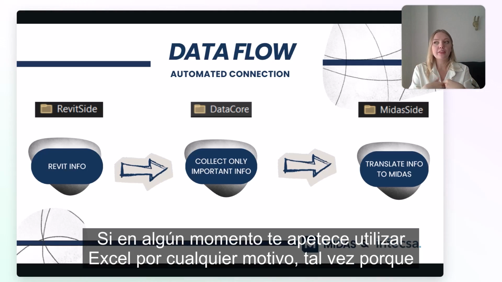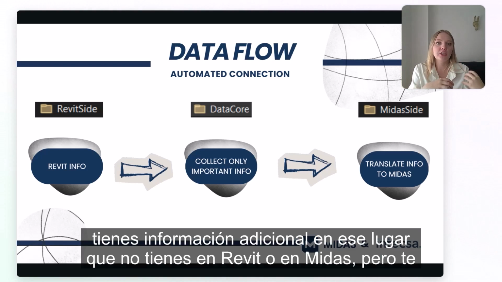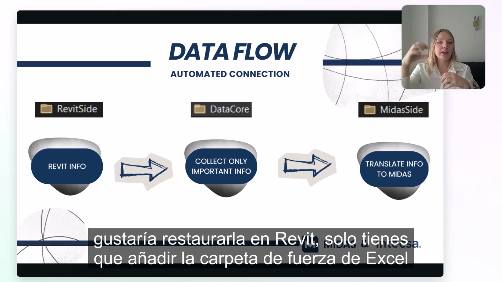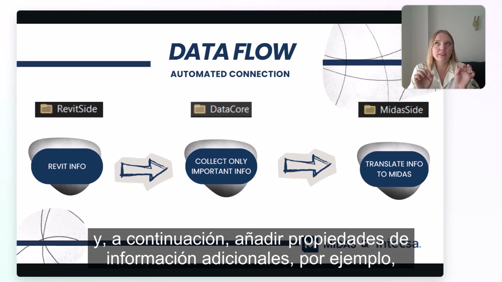So if at some moment you feel like you would use Excel for whatever the reason, maybe you have some additional information in that place that you don't have in Revit or you don't have in MIDAS, but you would like to store it, you can just additionally add like the fourth folder of Excel and then add additional, let's say, information properties inside of the data core and retrieve it from Excel.